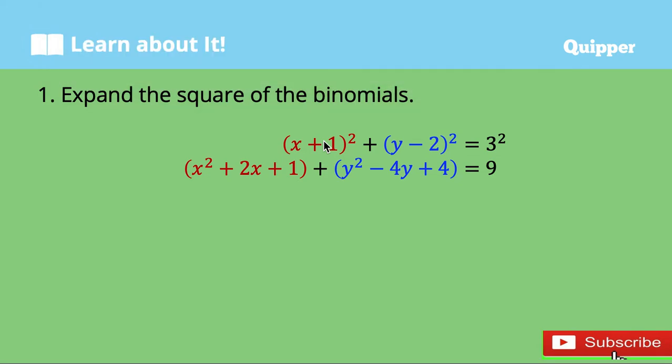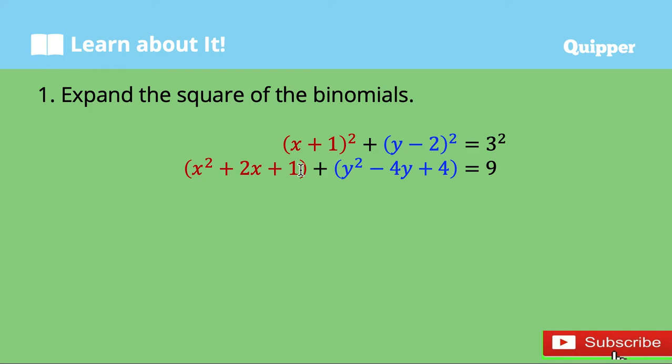First, we are going to take the square of the first term. Then second step is twice the product of the first and the last term. And lastly, we have the square of the last term. The expansion of (x + 1)², therefore, is x² + 2x + 1.